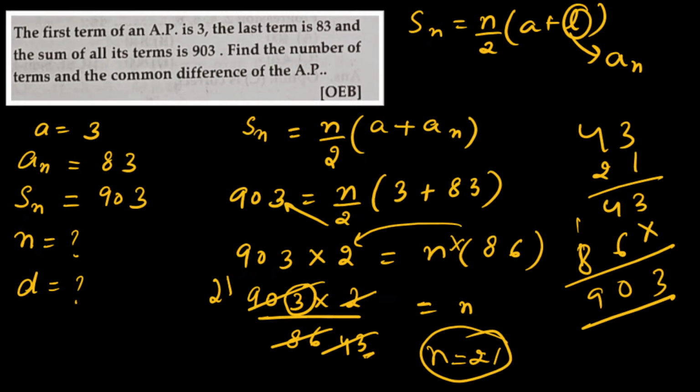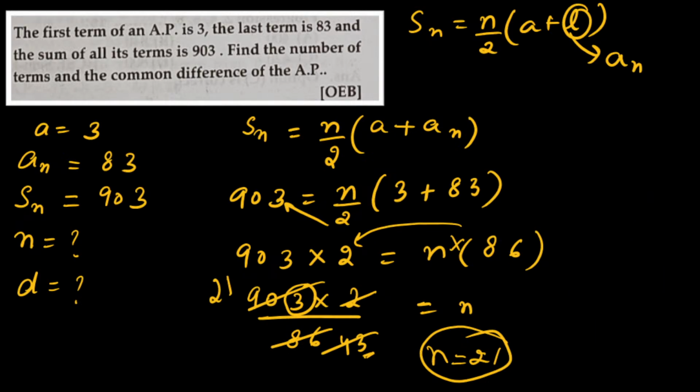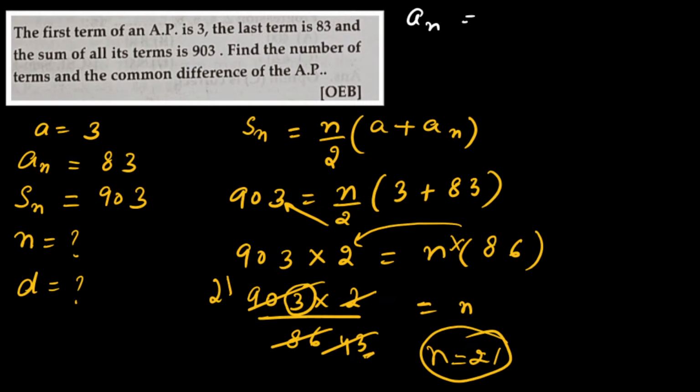So n's value we have found as 21. Now the main part, d, we have to find. We can find d by using an's formula, or any Sn formula also you can use. I'm going to do it with an's formula. An is equal to a plus n minus 1 into d. An is given to us 83, a is equal to 3, and n we have found as 21.